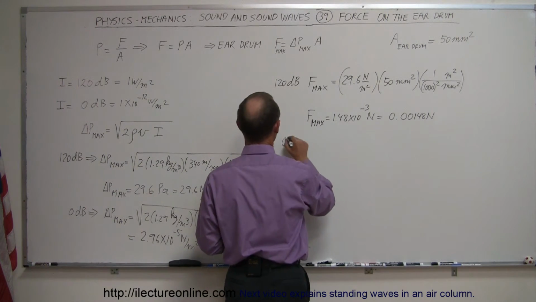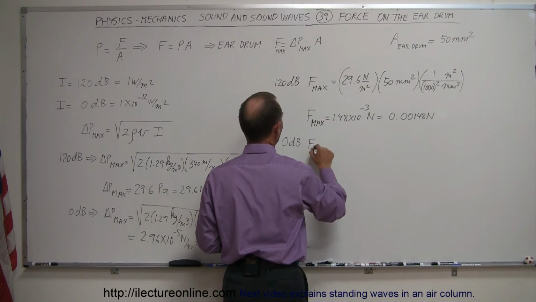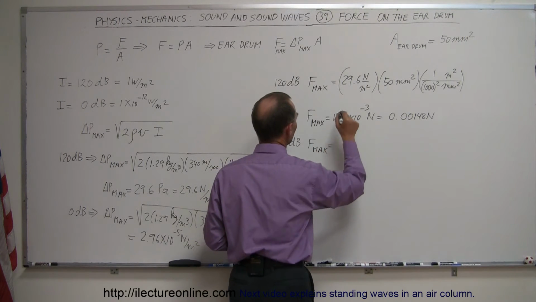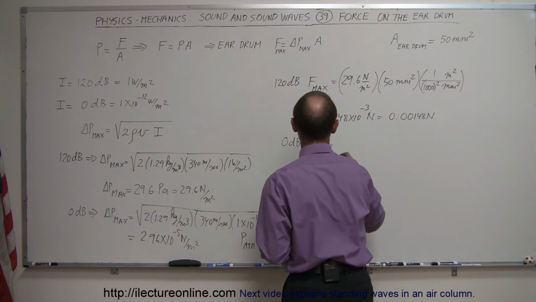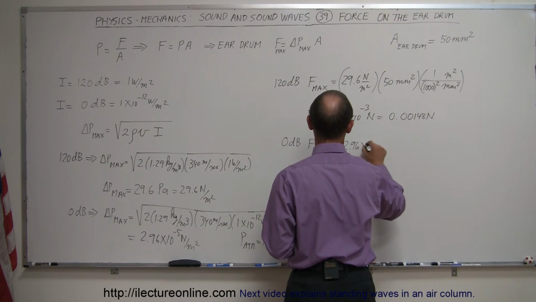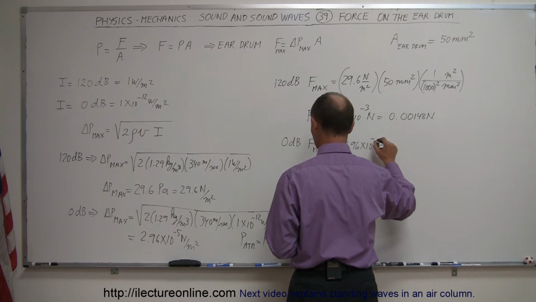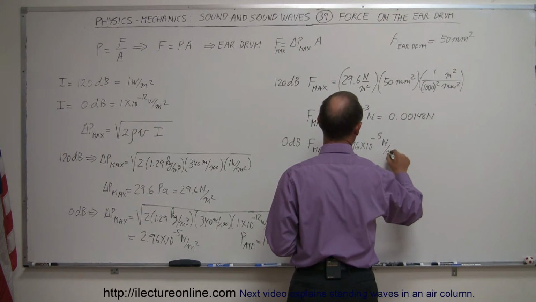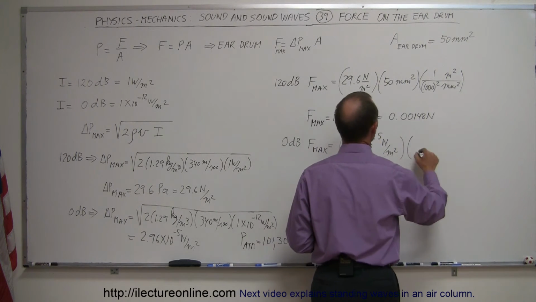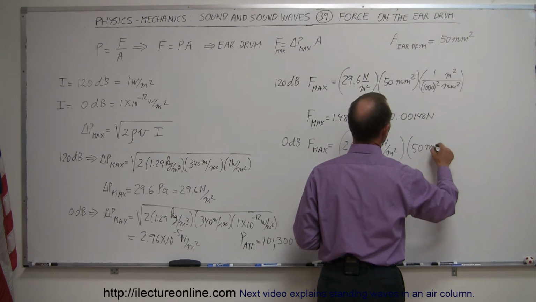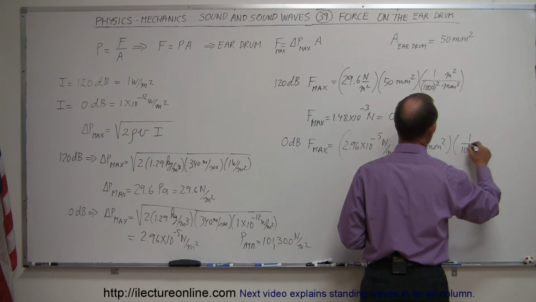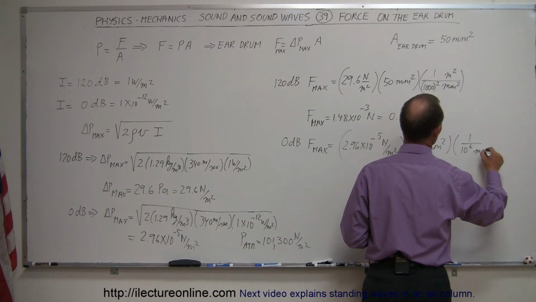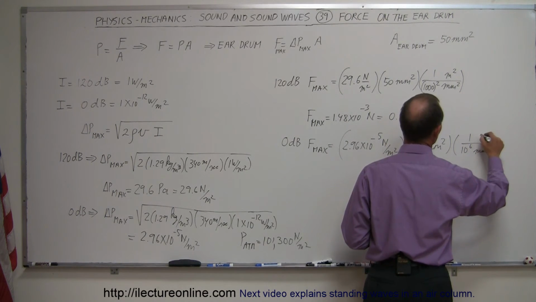Well, at 0 decibels, F max is equal to the pressure difference, which we calculated to be 2.96 times 10 to the minus 5 newtons per square meter. And of course, we have the area of the eardrum converted to square meters, which is 1 over 10 to the 6th, millimeters squared to meters squared.